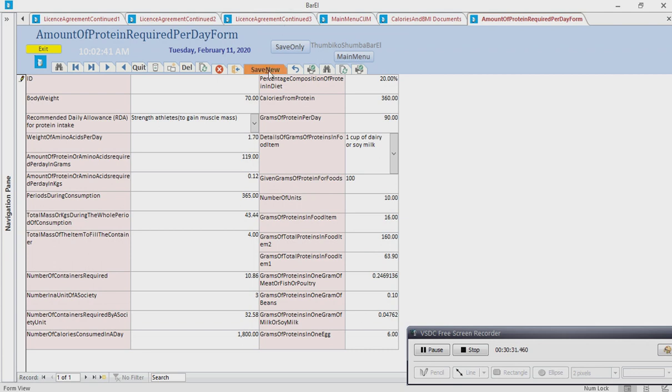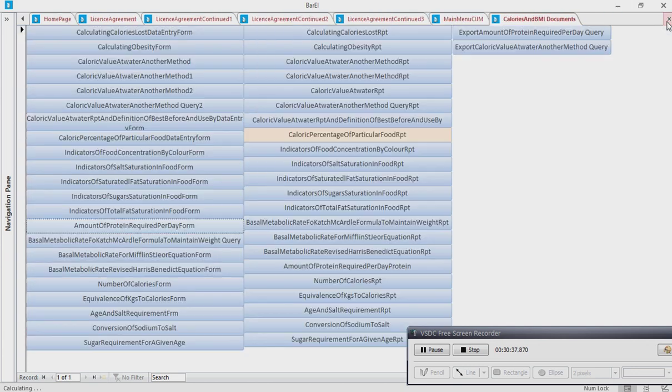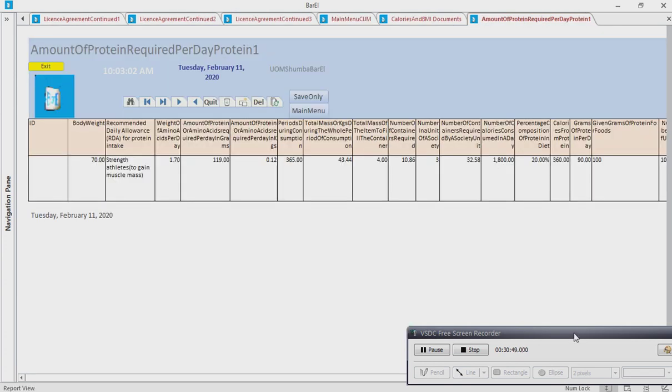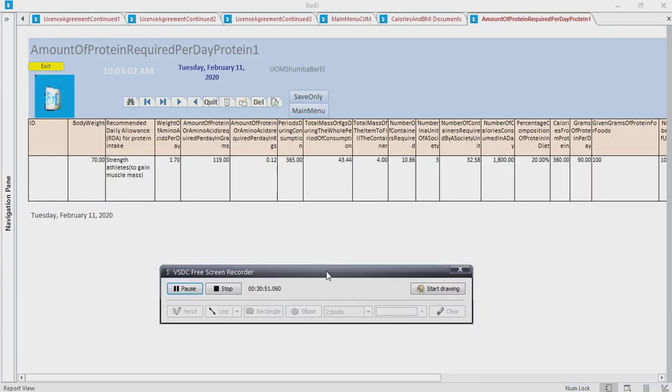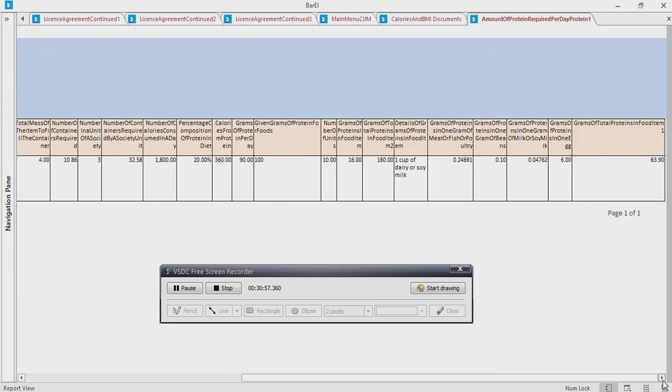Thank you very much. Let me continue looking at the reports. So the report concerning the amount of protein required per period and for the whole year is as indicated.